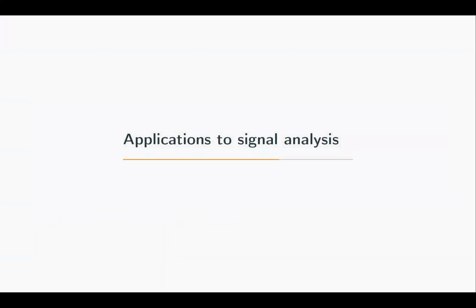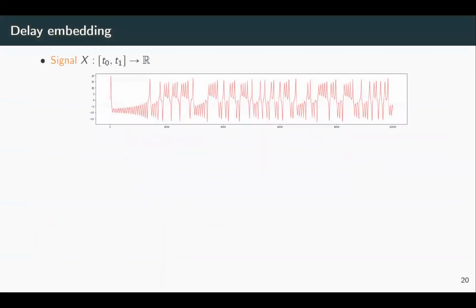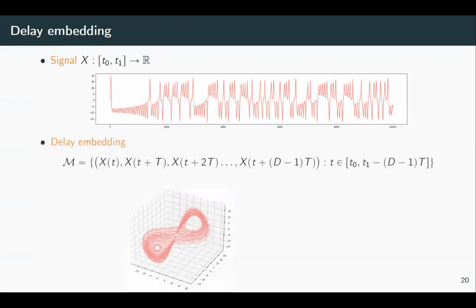Okay, so now I will show you some applications of this approach in signal analysis. Suppose that you have a signal, and a nice approach to understand a signal from a topological point of view is the computation of the sliding window embedding, also called the delay embedding. So you transform a single signal into a curve in R^D.